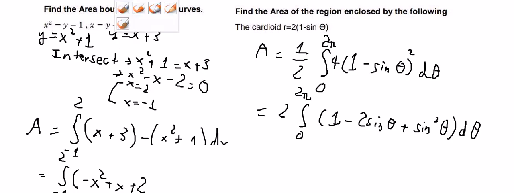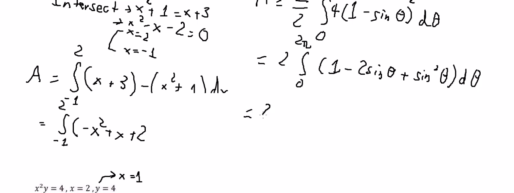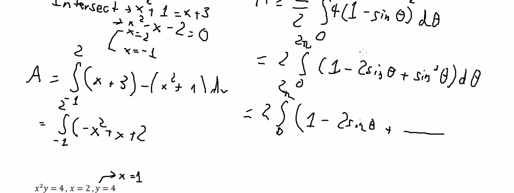So we get 1 minus 2 sine theta. We need to change sine theta squared in here, and that should be 1 minus cosine 2 theta over 2 d theta.